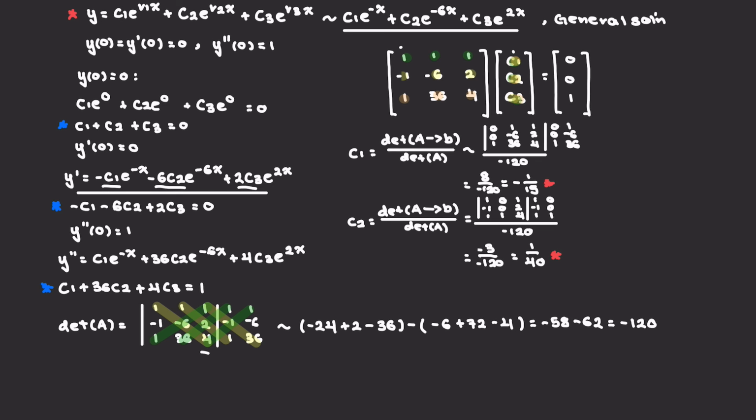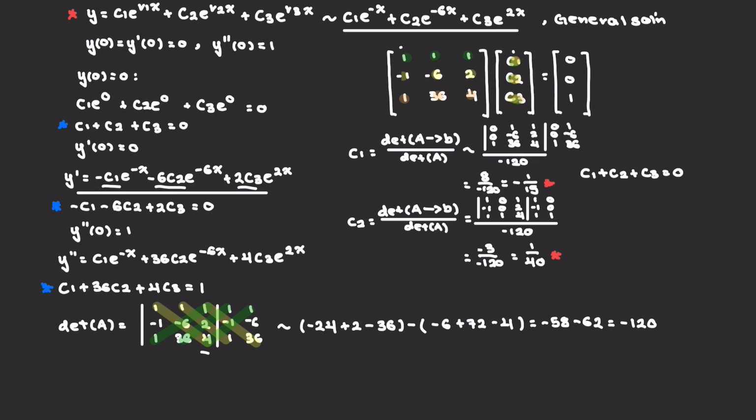And keep in mind, here is where the trick comes. We got C1, C2. And remember, in our system of linear equations before, we have this one equation, C1 plus C2 plus C3 equals 0.